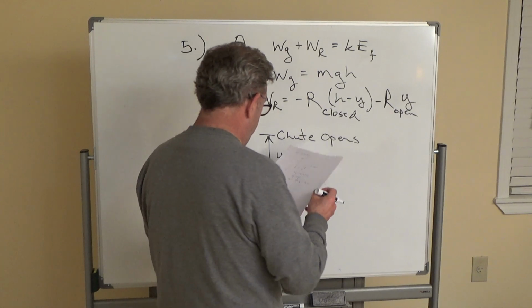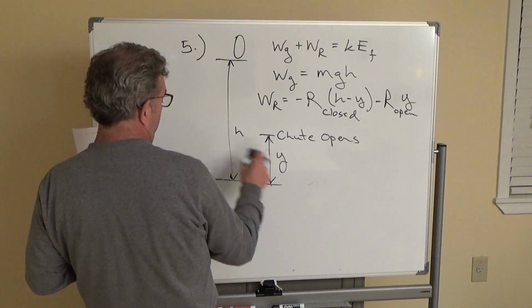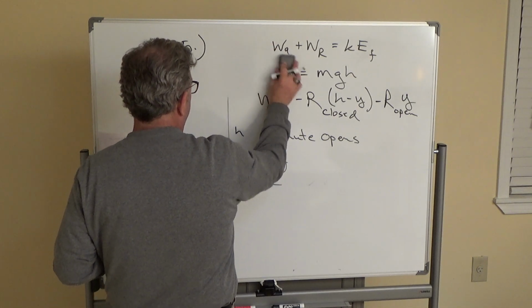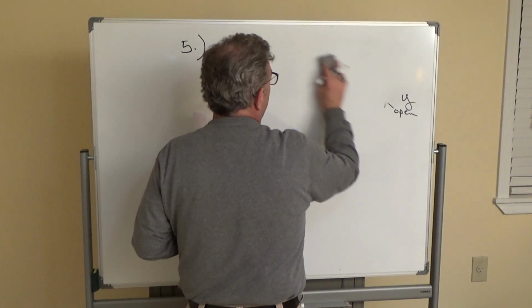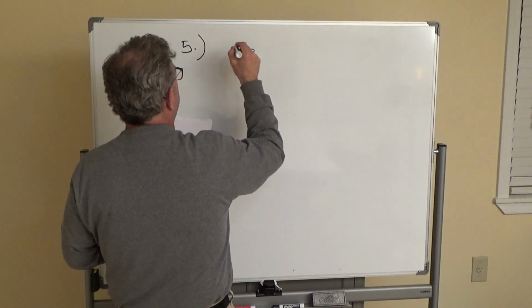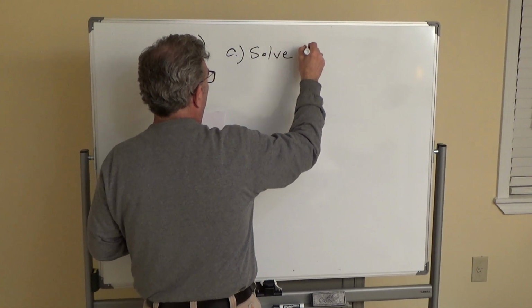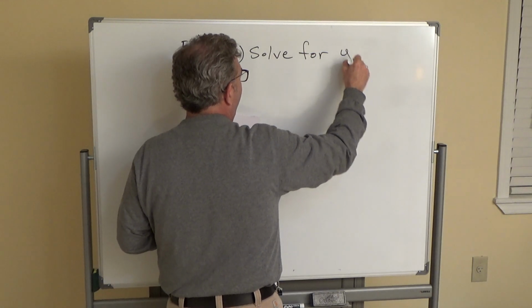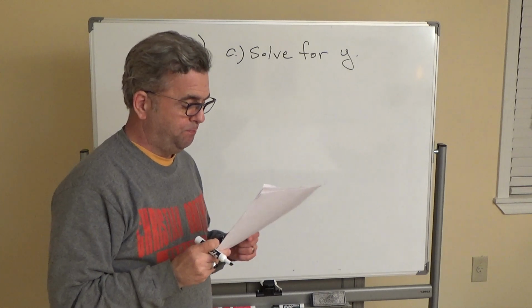In part C, for 5C, solve for Y. You set it up exactly the same, but in part C, you solve for Y given that final velocity.